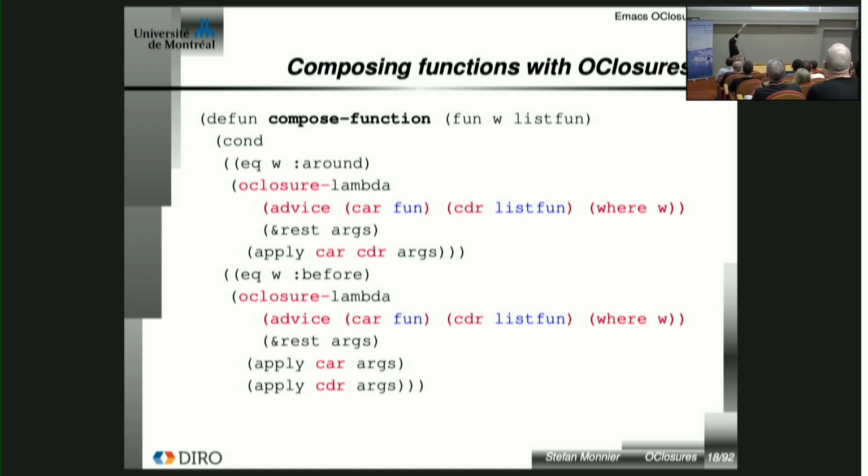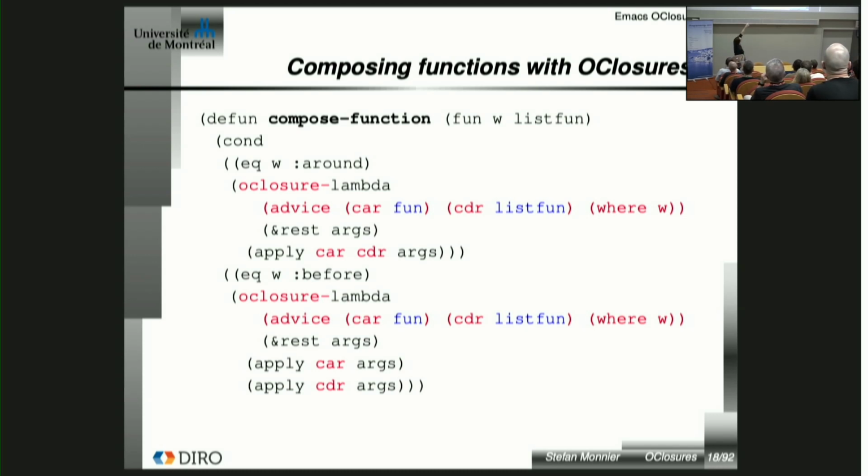So this O-closure lambda at the top, you see now basically the red part is what was changed. We actually tell it what type it is. It's type advice, which must have been defined before, but I didn't show you this part. And when I defined the advice, I said that it had 3 fields: a field car, a field cdr, and a field where. As I said, it has a kind of list structure, so car and cdr actually make a lot of sense here.